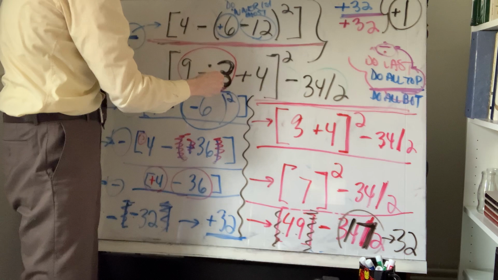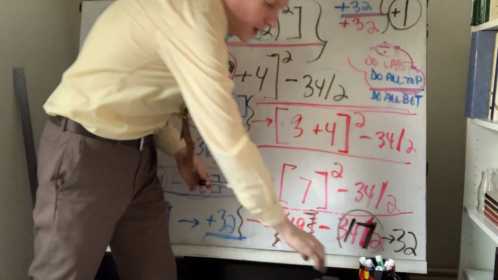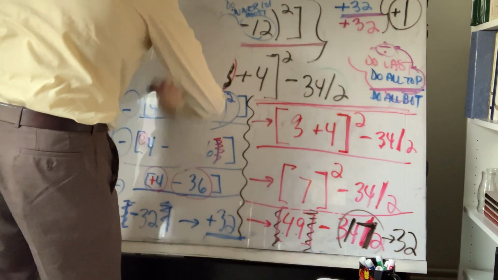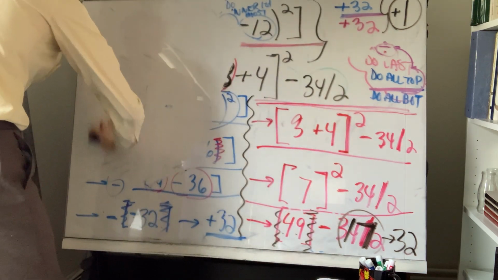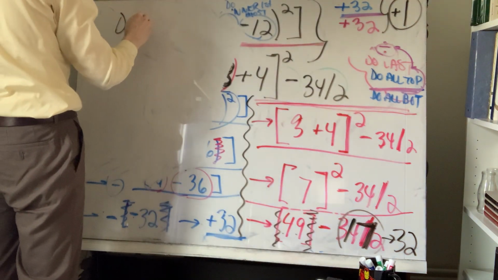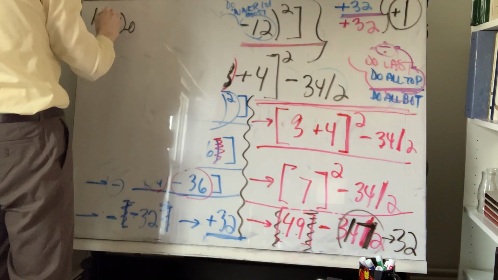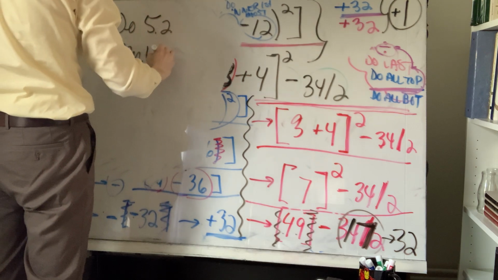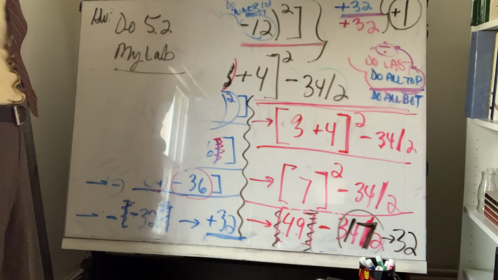Anyhow, we are finished. Thank you for sticking with me all this while. I know that this is arduous. Do this for homework. We've just covered section 5.2, so do 5.2 in my lab, and if you've done that, you're basically good to go.